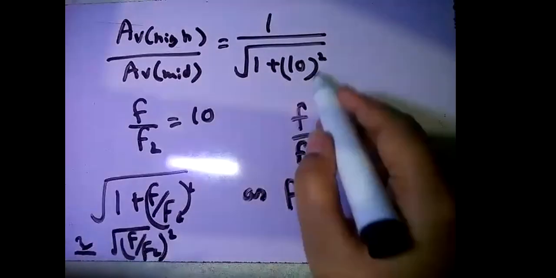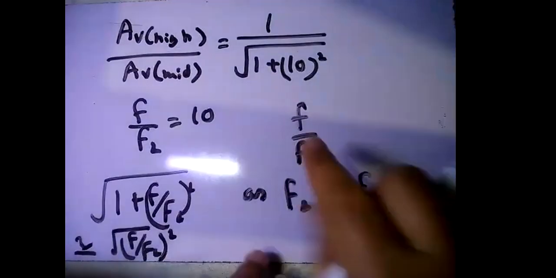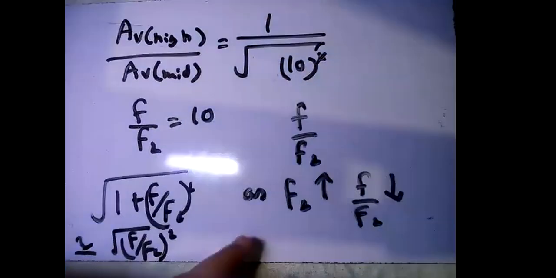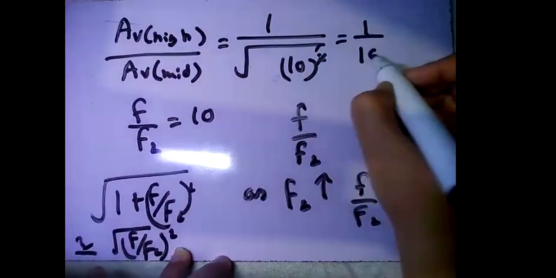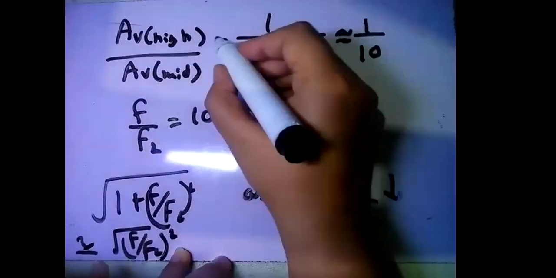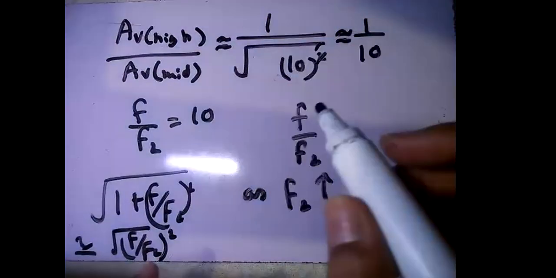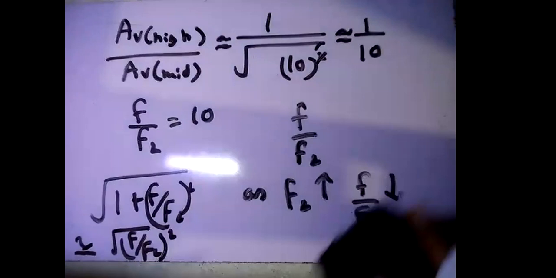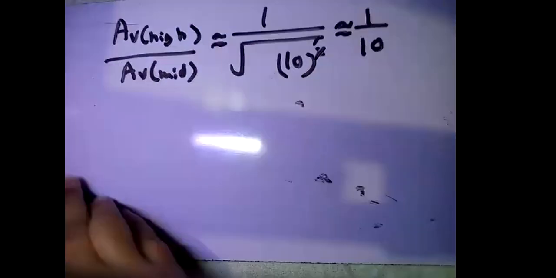So instead of 1 plus 10 square, you can write the 10 square over here, and the square under root is cancelled. This has been done just to simplify our equation.